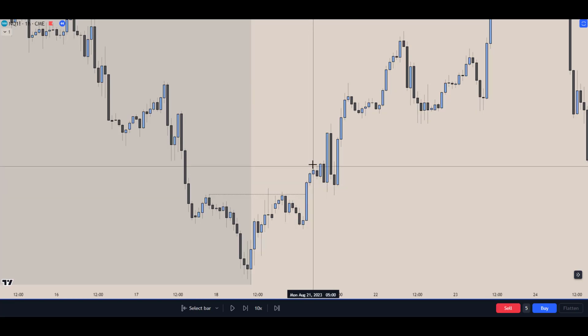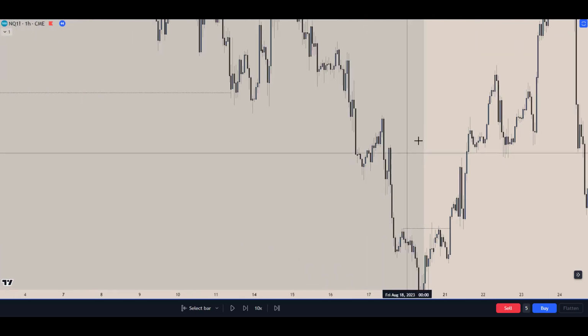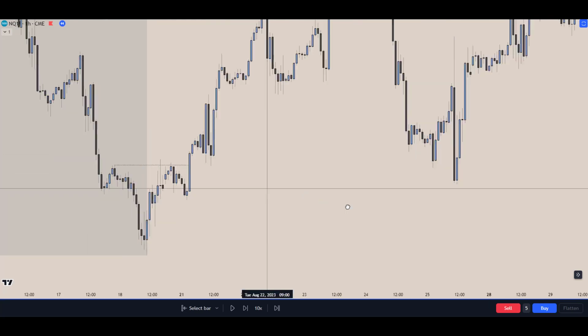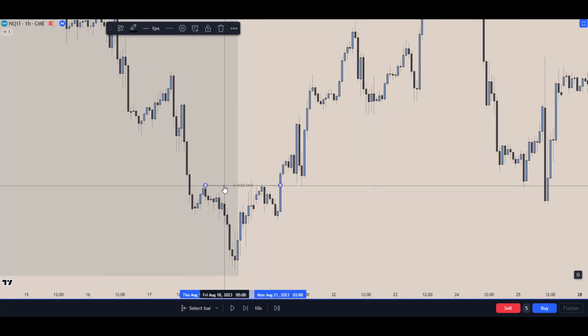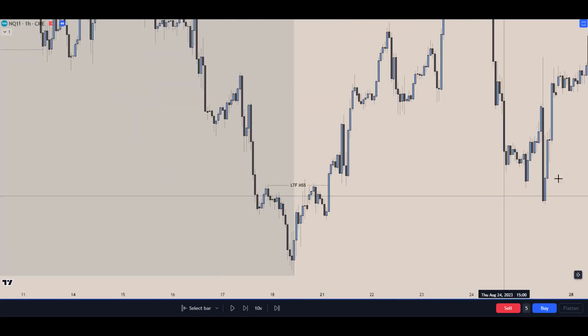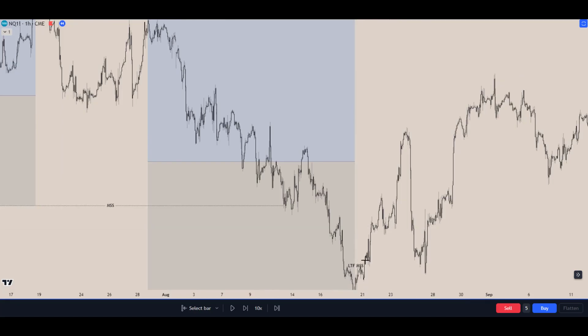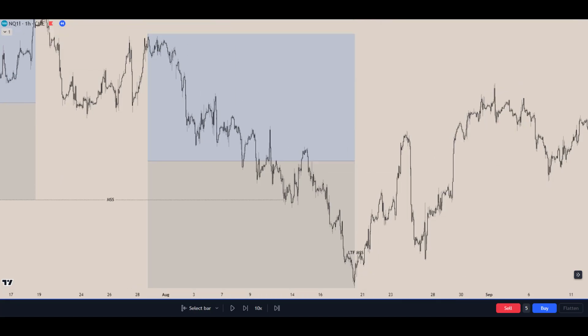So that would be the impulse structure that creates the market structure shift is what you want to look for. And so once we create that impulse structure that creates that market structure shift, you can confirm this as a market structure shift on the lower time frame. So I'll just put a lower time frame market structure shift. And so now that we're incorporating this range structure, right, derived from the higher time frame impulse structure.